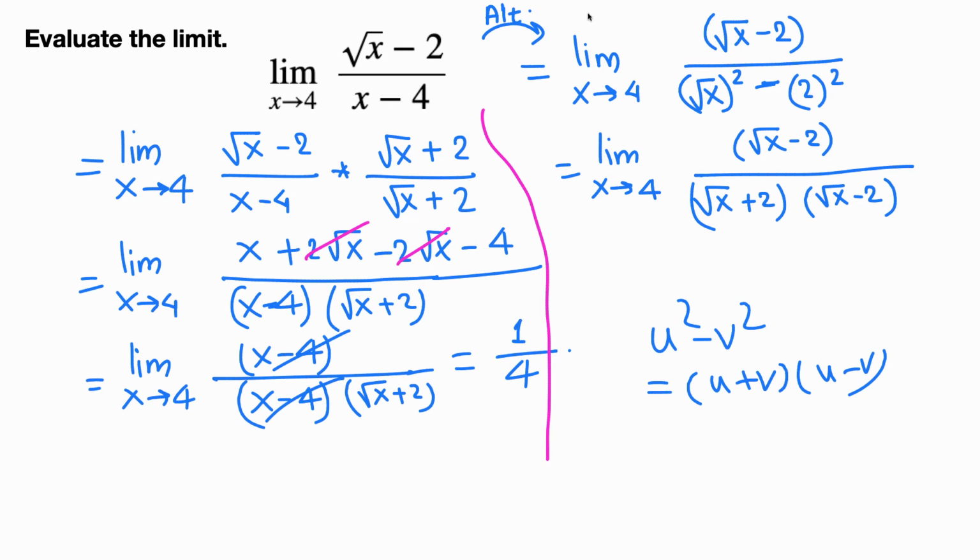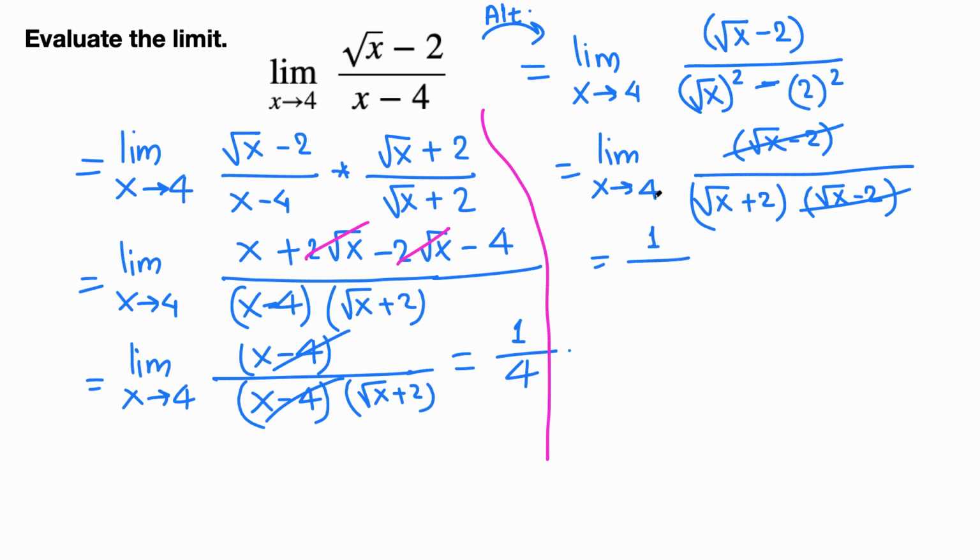Okay, and now you can see these two cancel. Now we can plug in x equals 4, and the answer should be the same as before. So nothing means 1 on the top, 4 root 4, which is 2 plus 2, 4. So you get the same thing either way.